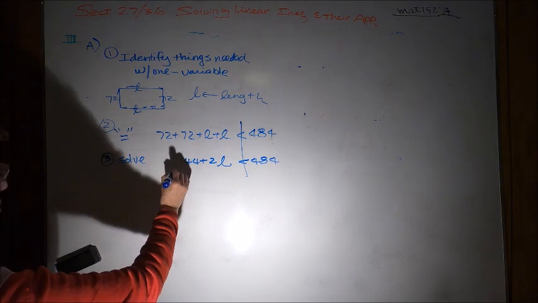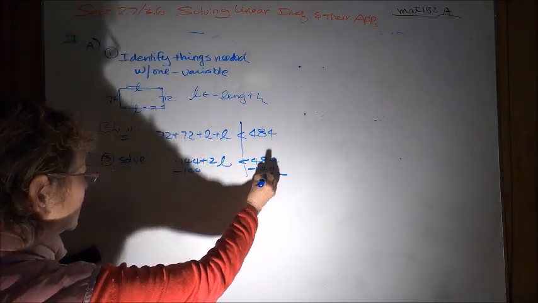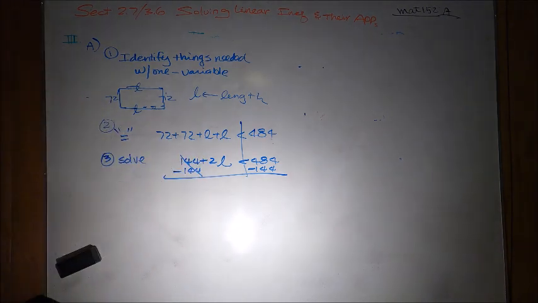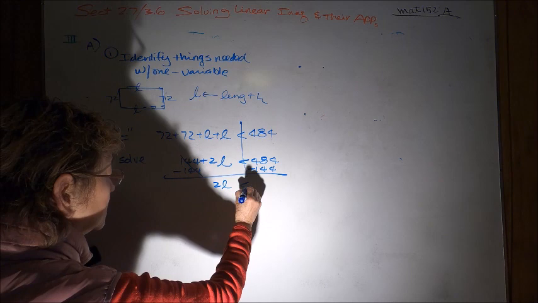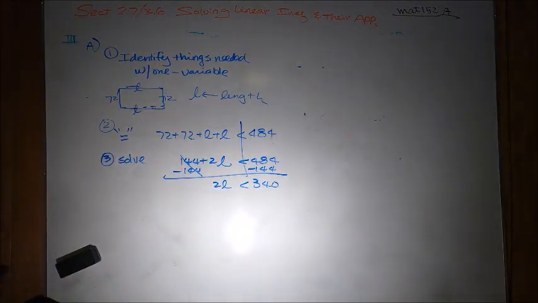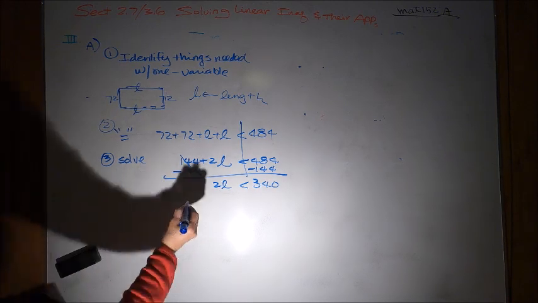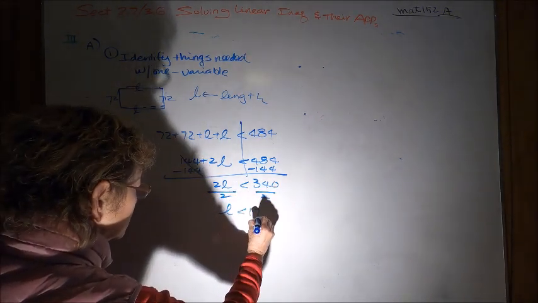Then what do we do? Move the number to the other side. Then this one will have 2L less than 340. Then get the L variable by itself. So L is less than 170.